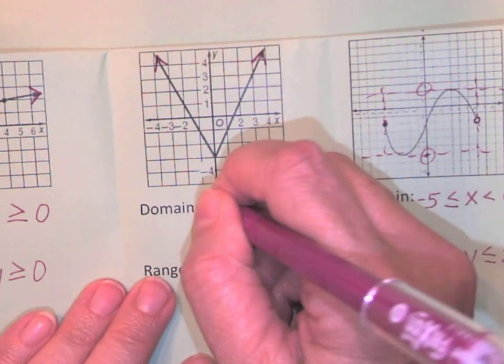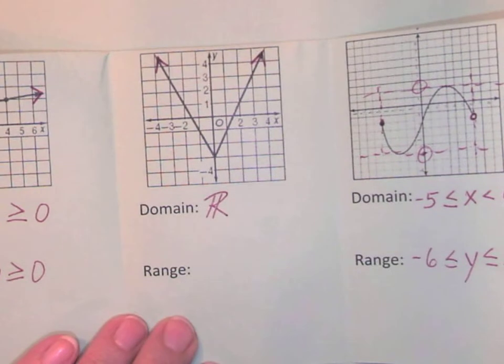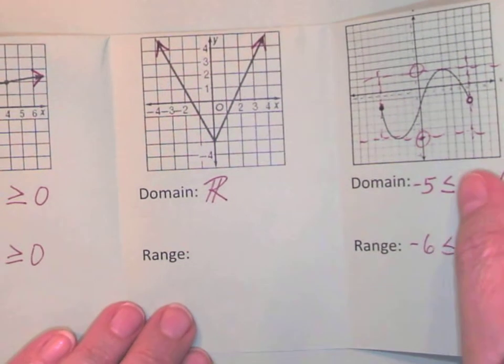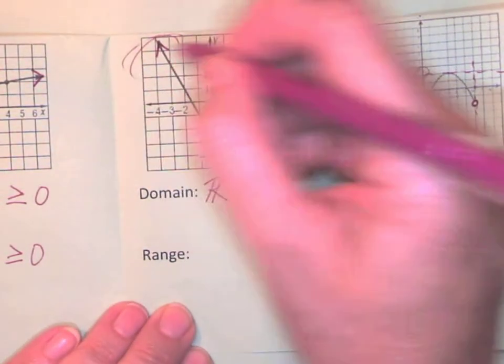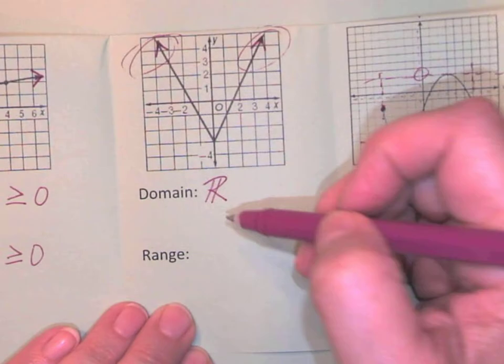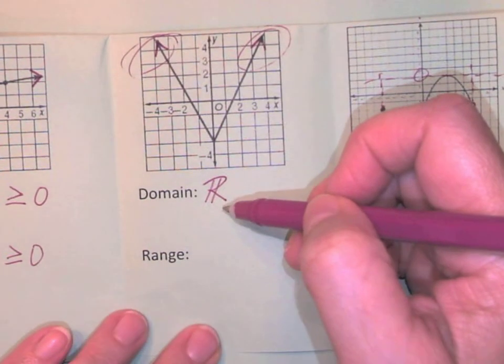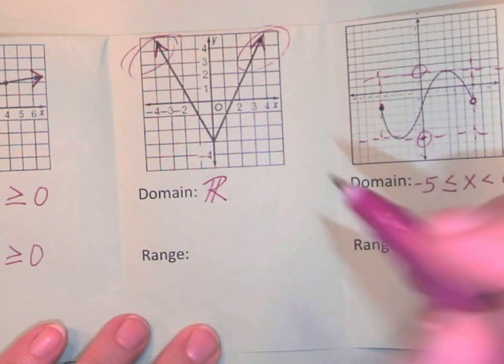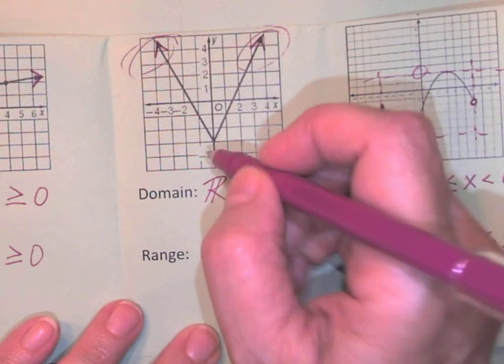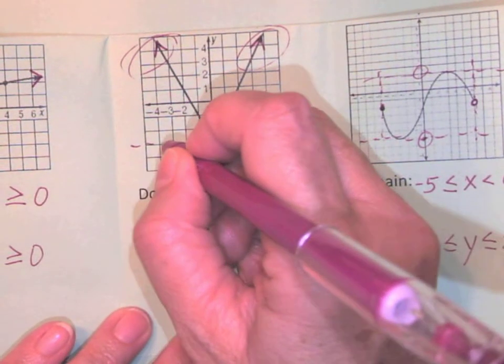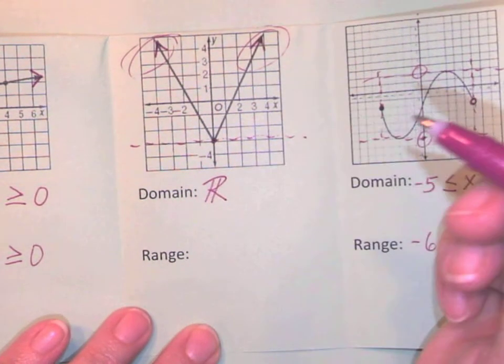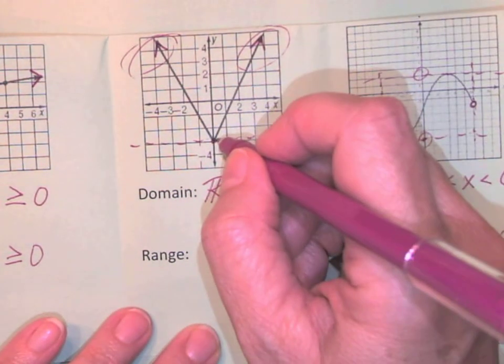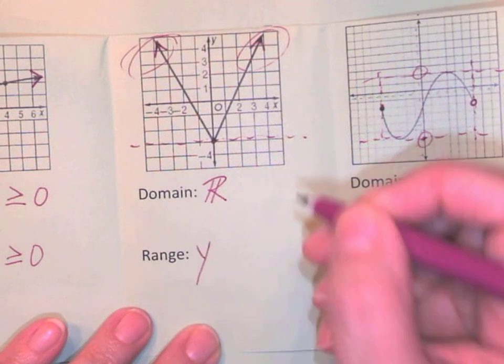So we're going to do this big, funky looking capital R that stands for all real numbers. So every time you have two arrows, something's going to be all real numbers, either domain or range or both. In this instance, though, it's not both because y has a boundary. Y only has one boundary, so it only gets one number.